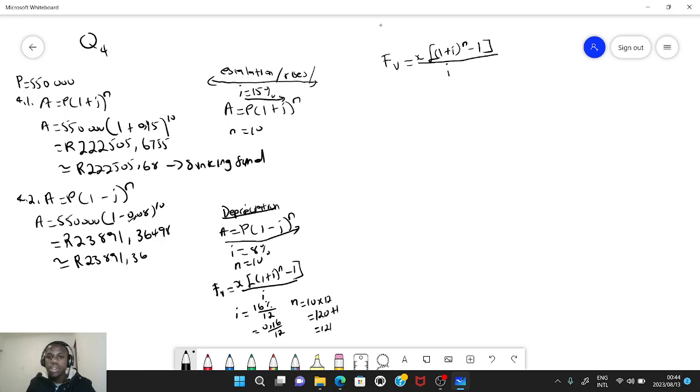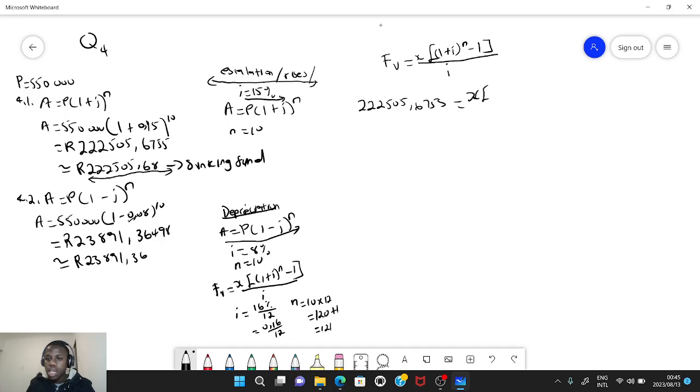So what happens is that we know the future value, right? The future value is this. That's our sinking fund. This is the amount that the person needs to buy a new machine in 10 years' time, right? We have 222,545.675 is equivalent to, and then we're looking for X. X is our monthly installment, monthly payment, or monthly deposit.